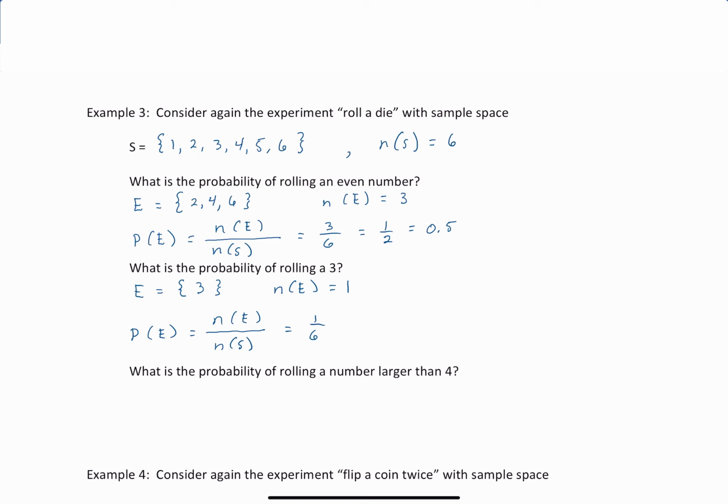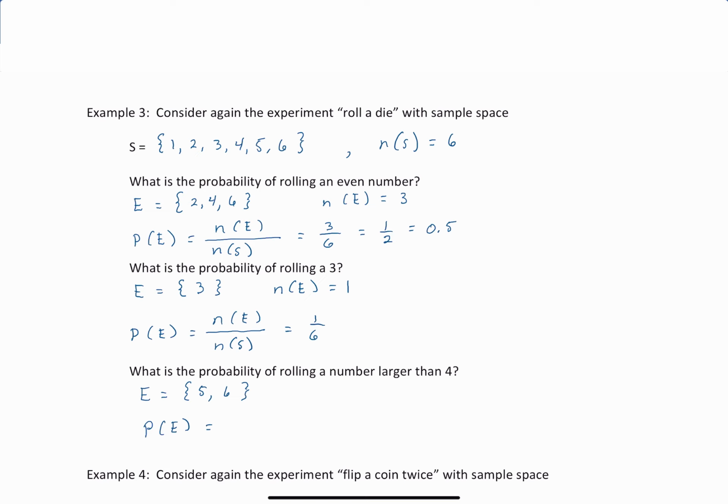One more in this example. What's the probability of rolling a number larger than 4? Well, now we're talking about the event containing the outcomes 5 and 6. So we should have, for our probability of E, that's uppercase P, parentheses, uppercase E, close parentheses, 2 chances out of 6, 2/6.